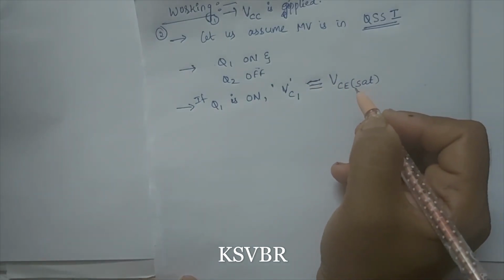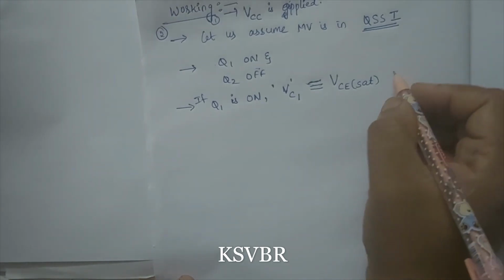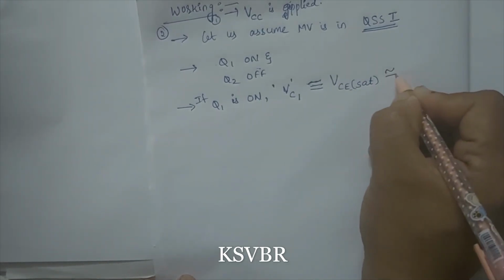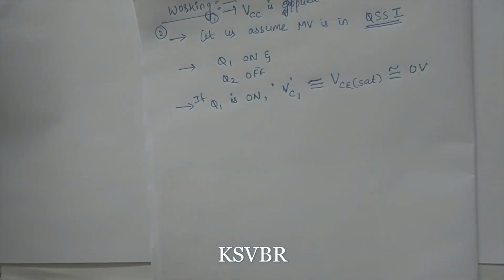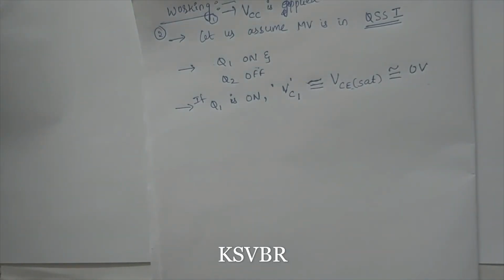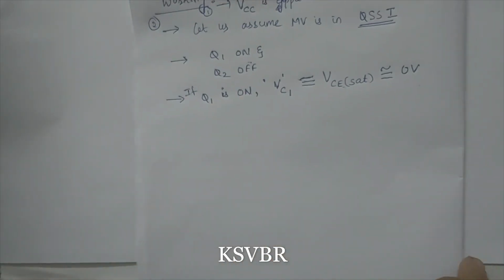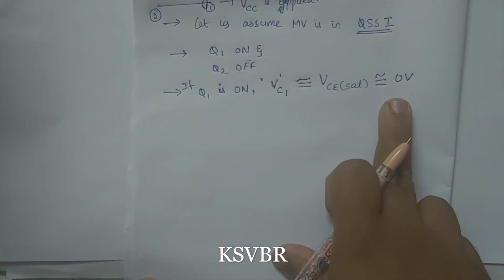VCE saturation will be either 0.1 volts or 0.3 volts. We know this. VCE saturation is approximately equal to 0 volts. We are taking ideal conditions and ideal cases here. If you want to go practical, the voltage will be 0.3 volts. That we are not going to consider here. In order to analyze the operation, we are considering VCE saturation equal to 0 volts. The output of the on transistor is 0 volts.